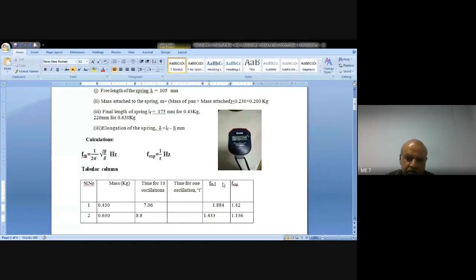Are you there? Anybody not getting this value?